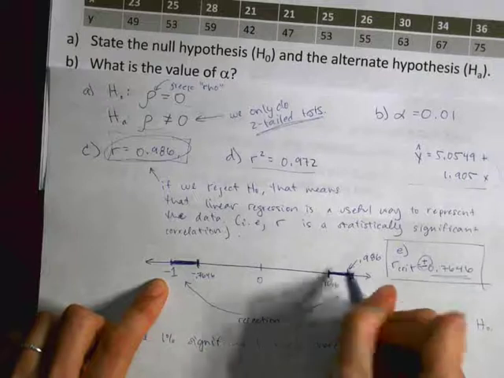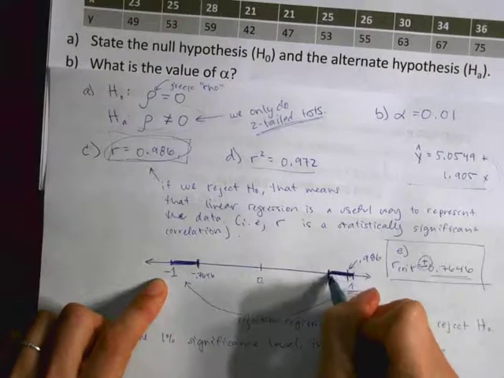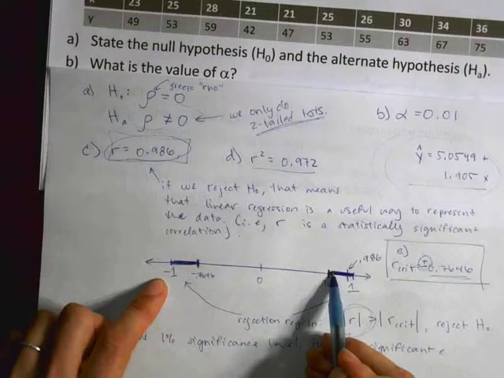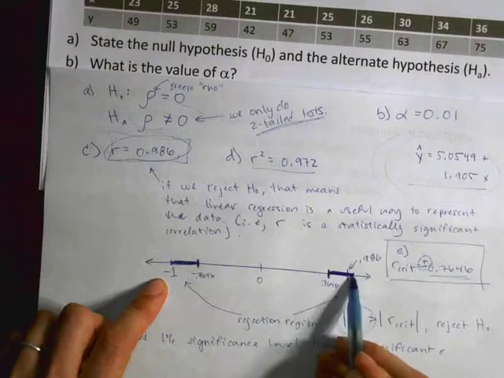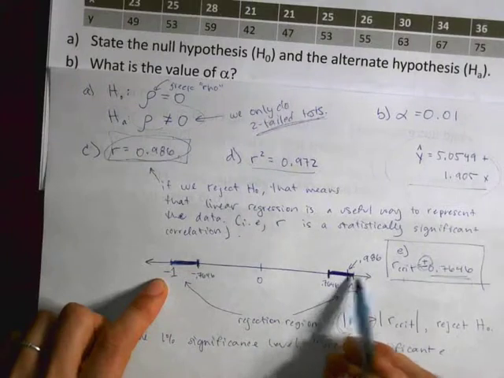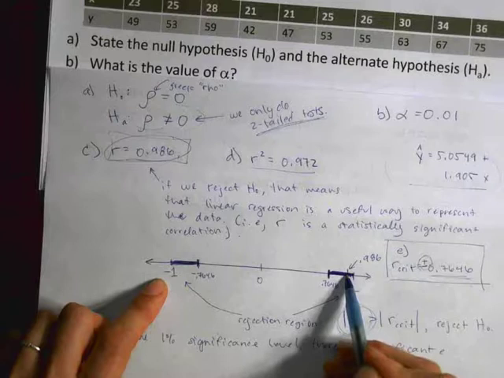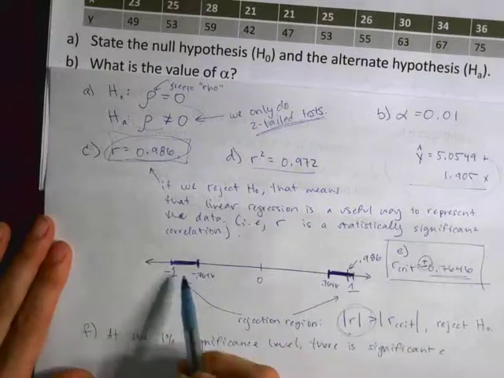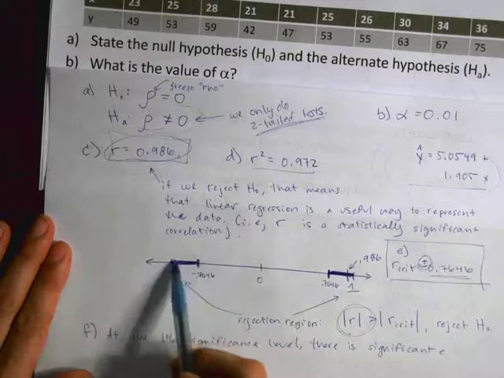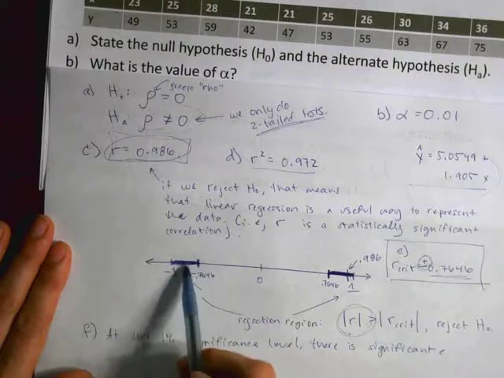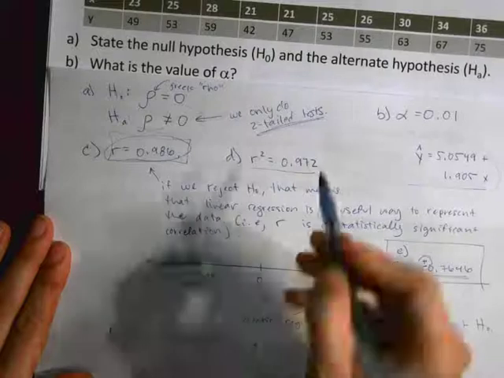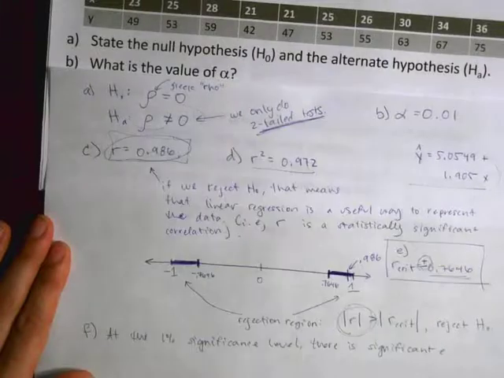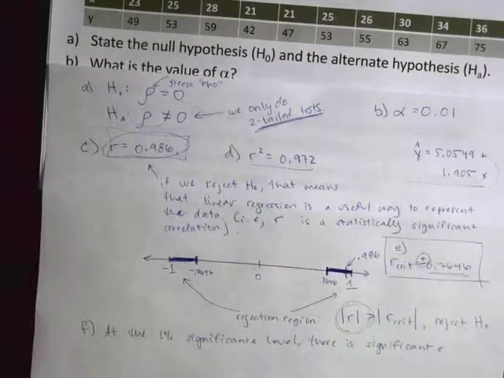So we've found an R value all the way out in here. In this region between our critical value and 1, that's our rejection region. Those will be the statistically significant correlations. That's where ours falls, so we'll reject the null hypothesis. If we had instead found -0.986, we would be in this rejection region down here. It'll always look like this because we are always going to be doing a two-tailed test.